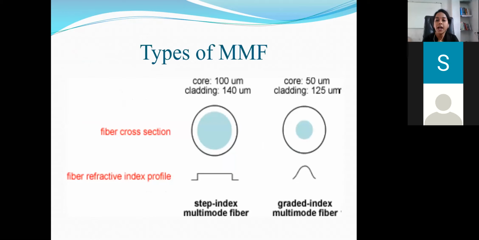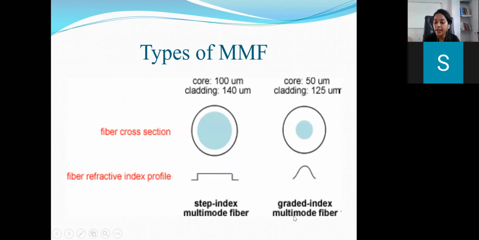Now these are the types of multi-mode fibers. This is the cross section of the fiber. This is called step index multi-mode fiber, and this is called graded index multi-mode fiber. There is only a slight difference in construction. You can see here the core has a diameter of 100 micrometer and the cladding is 140 micrometer.